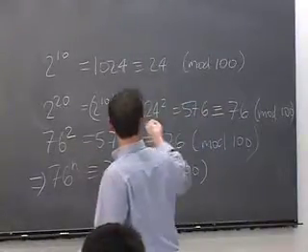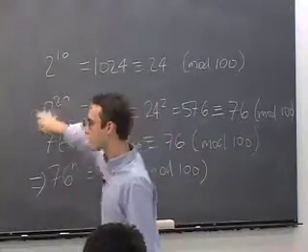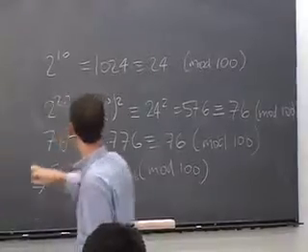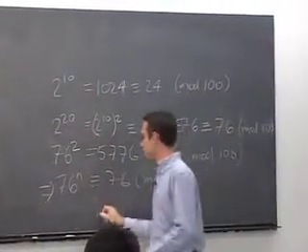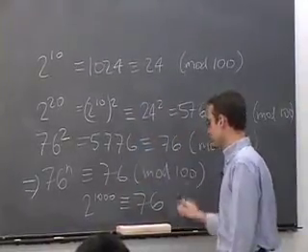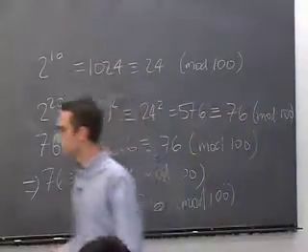And so 2 to the 1,000 is this thing, 2 to the 20, to the power 50. So 2 to the 1,000 is just congruent to 76 modulo 100. So the question is answered. Very, very simple.